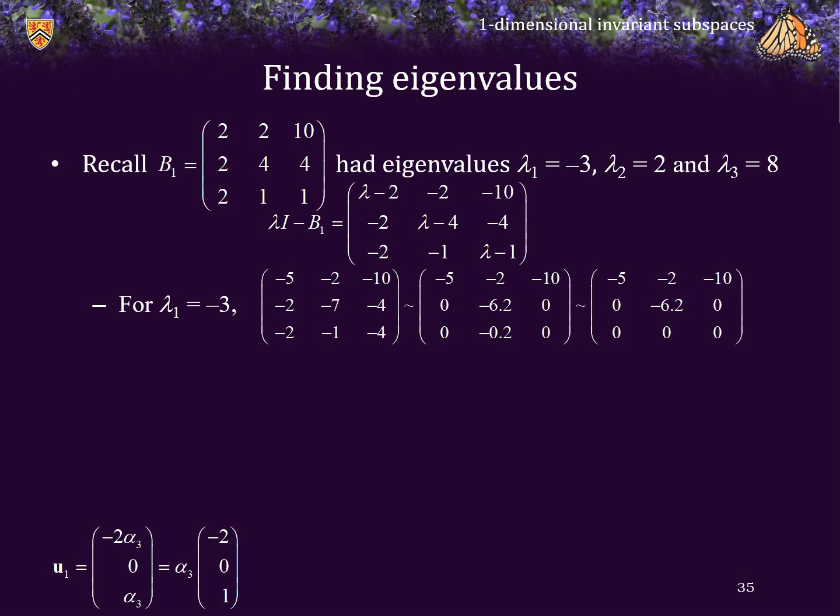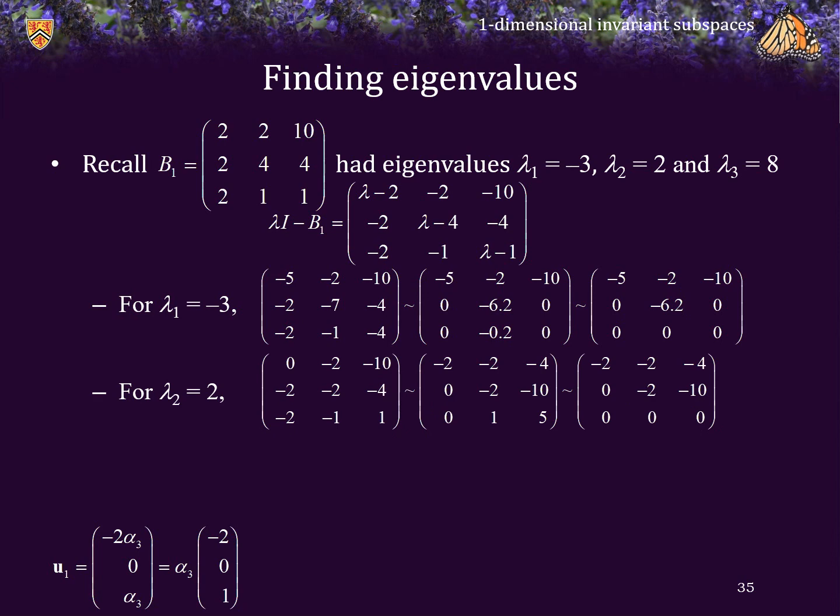So our first eigenvector is -2, 0, 1. And if we multiply the matrix by that vector, we get the vector 6, 0, -3, which is, of course, that vector times the eigenvalue -3.